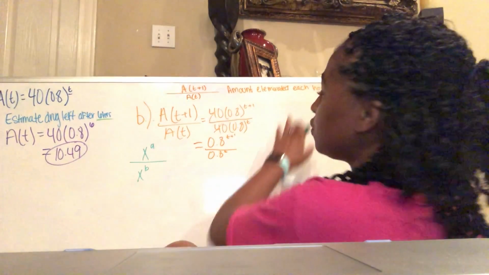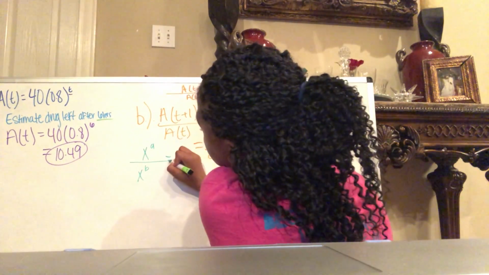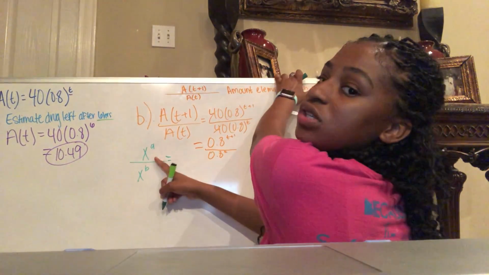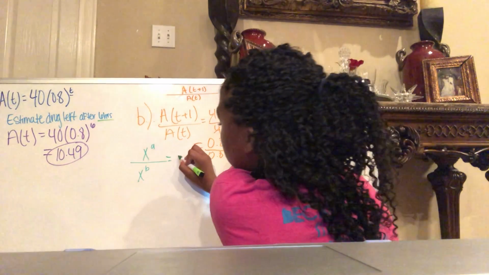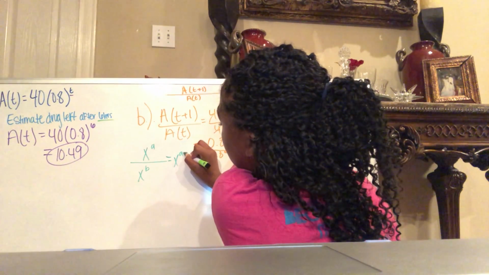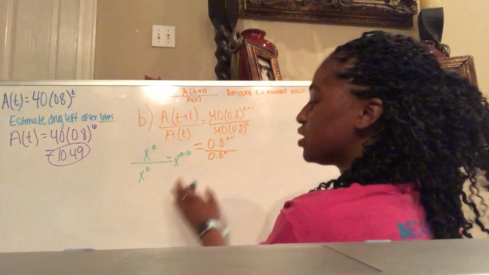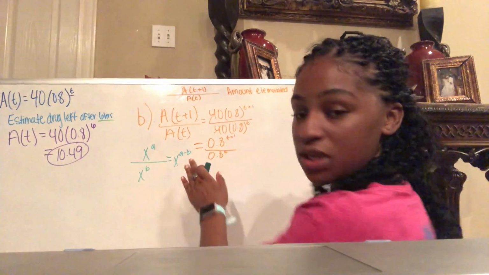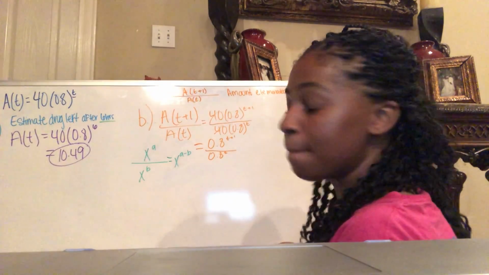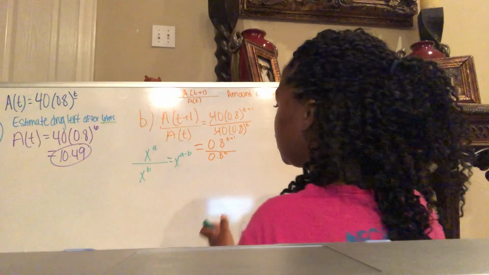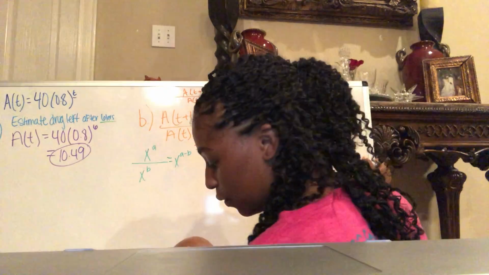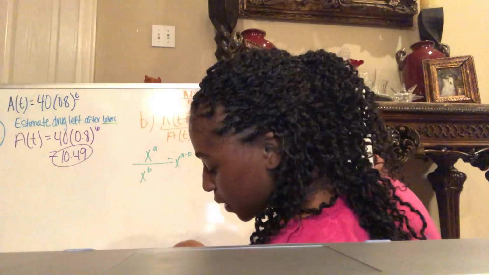Basically what this rule does is, if the bases are the same, it allows you to subtract the exponents. So you can change that to x to the a minus b. So I'm going to go ahead and do that because it's allowing us to. Let me switch back to the orange.